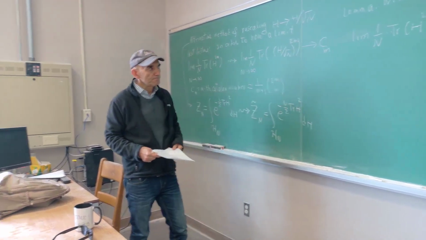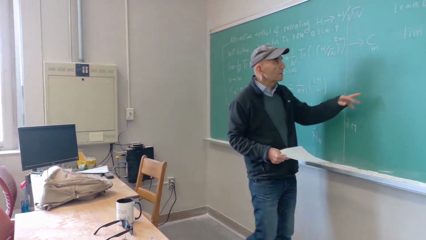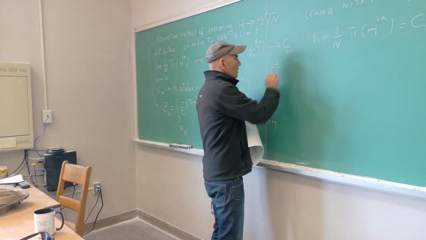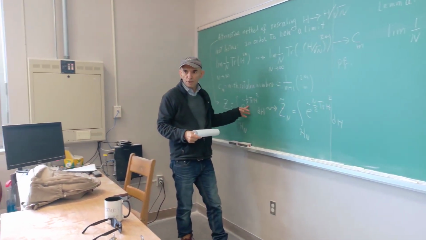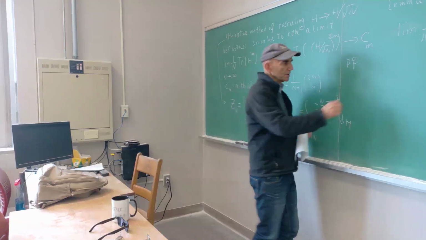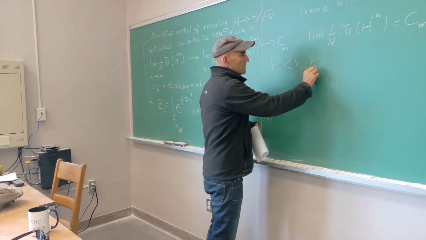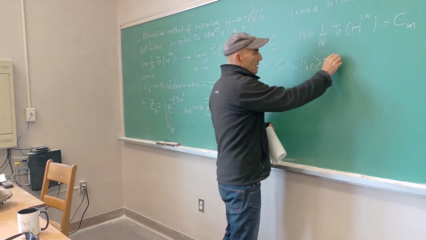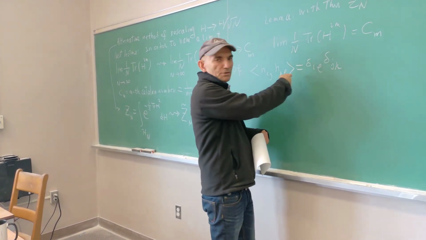Maybe I just hint the proof. In the standard setup, you remember the correlations were like the expectation of h_ij h_kl equal to delta il delta jk.